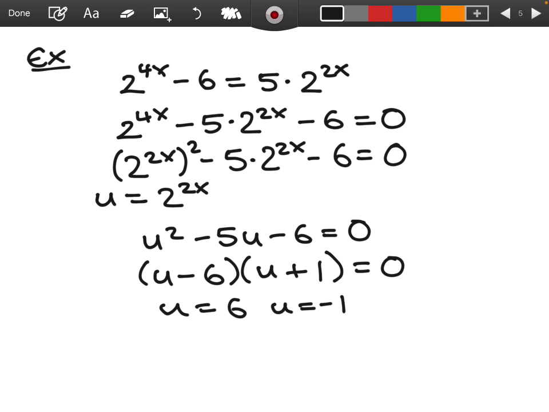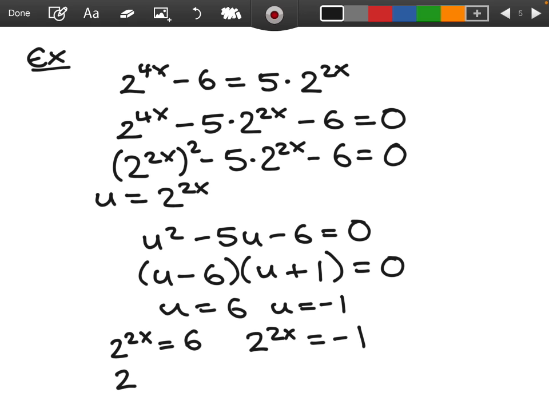And then if I go back, that tells me that I've got 2 to the 2x is equal to 6 or 2 to the 2x is equal to negative 1. I've got to take the log base 2 of both sides here. If I do the log base 2, it's going to cancel out the 2 and just give me the argument on the left-hand side, and then I'm going to have log base 2 of whatever's on the right-hand side.